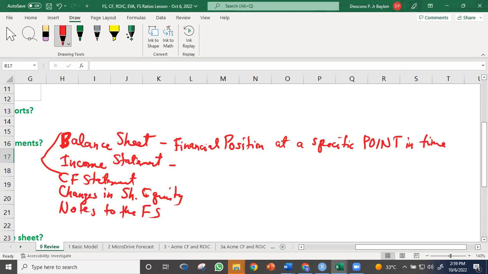The income statement tells us of the results of operations. Okay, results of operations or operating results of a firm at a specific what?